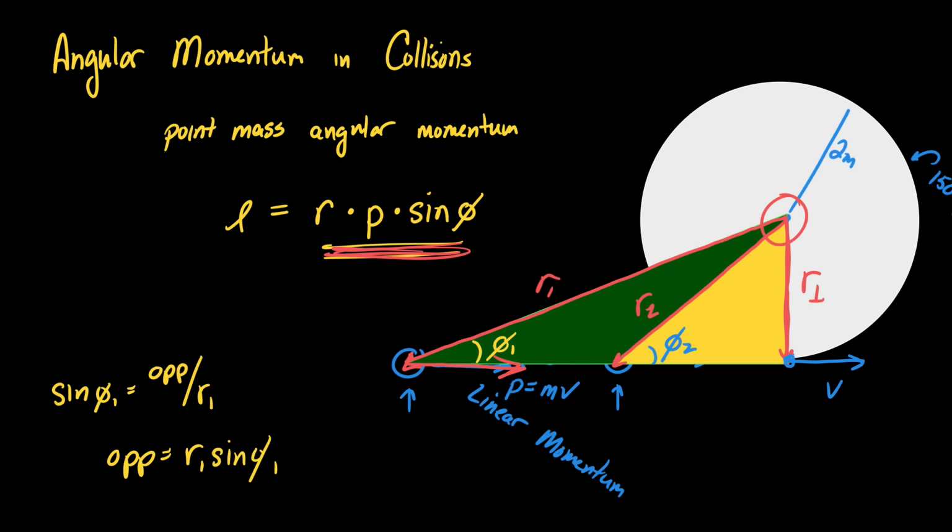Oftentimes, we write this as R perpendicular. I don't know what happened. I apparently drew a line. Doesn't look like it though. Let's try again. R perpendicular times P, where this is the R of closest approach.